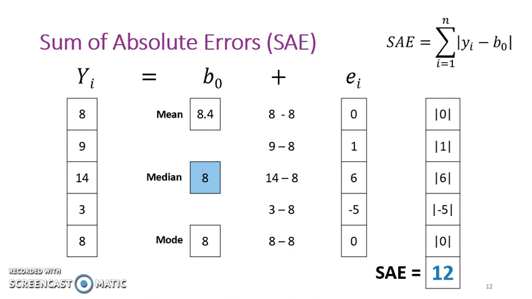The sum of absolute errors takes the absolute value of each calculated error and then sums them. In this example, one error score is -5, so the absolute value of this is 5. The others are all absolute values of positive scores, and so they remain the same. We sum all of these absolute value error scores to get 1 plus 6 plus 5 is equal to 12. So the sum of absolute errors is 12.